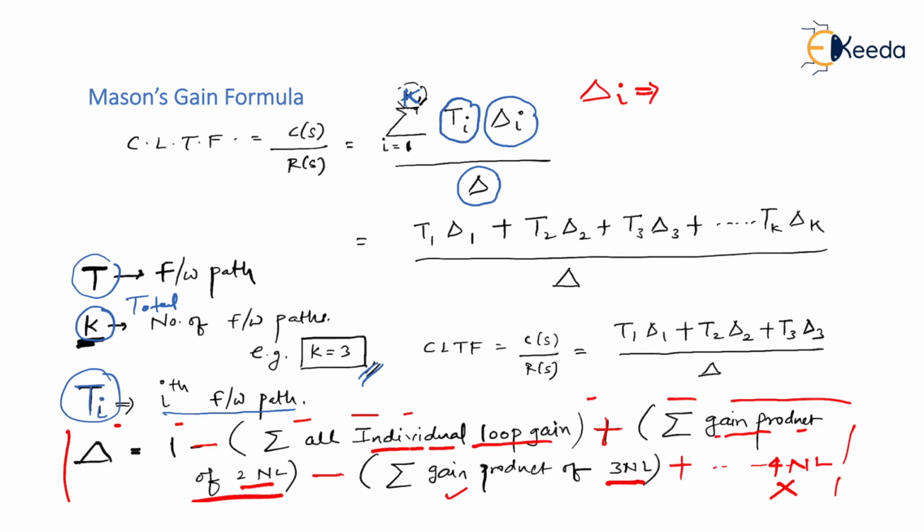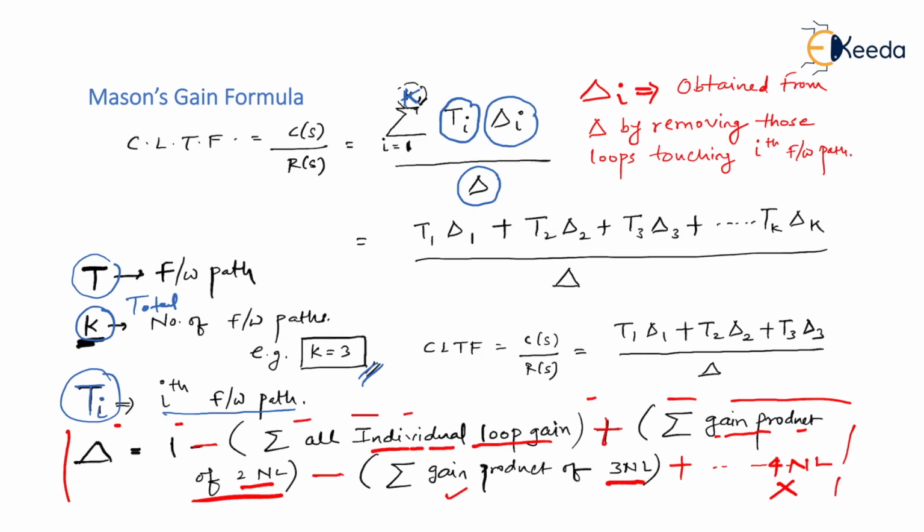Let me describe it once again. Delta i will be the same as delta, but from this delta you have to remove those loops which are touching the ith forward path.